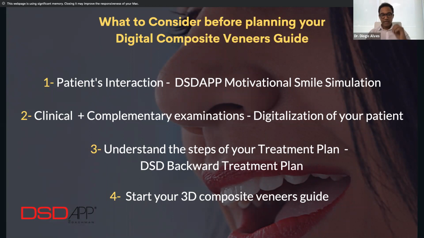Cool. Let me go ahead and show you the motivational smile simulation, so you have a better understanding of what I'm saying, if you are not a DSD app Gold member yet.